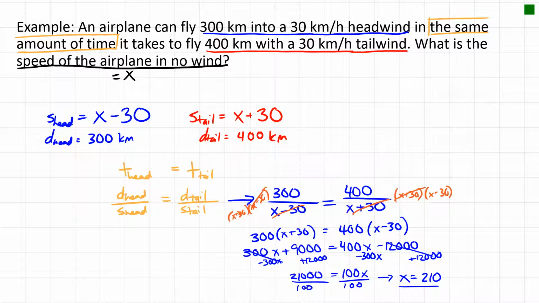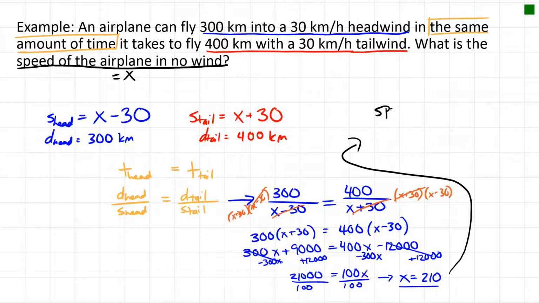So now I've solved this equation, but I want to make sure that I answered the question very clearly, which is to say, what is the speed of the airplane in no wind? And I'm going to do what I try not to do, and I'm going to write my answer up here. I'm just being very clear about it.